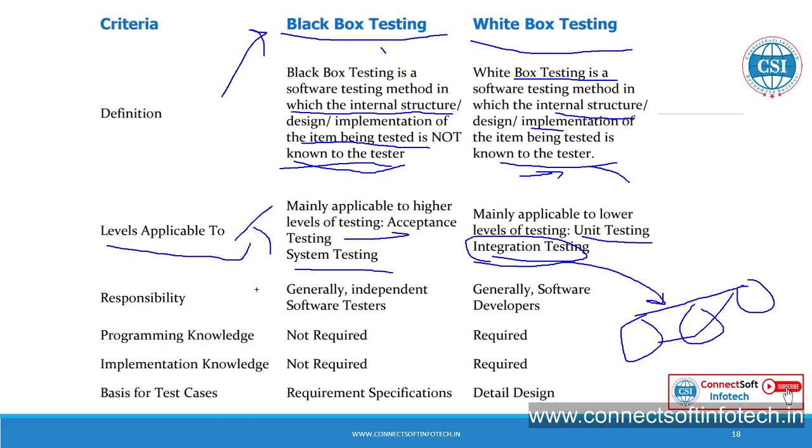Responsibility: generally an independent software tester will do it, because we are independent testers. Daily they give us the task, test cases are assigned to us, and we execute the test cases daily. Execution means checking whatever is written there, validating the functionality of any module.